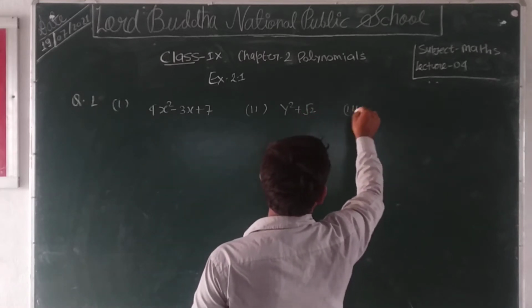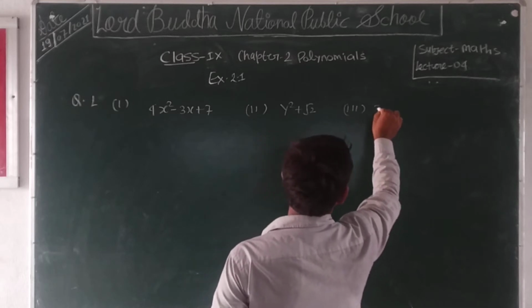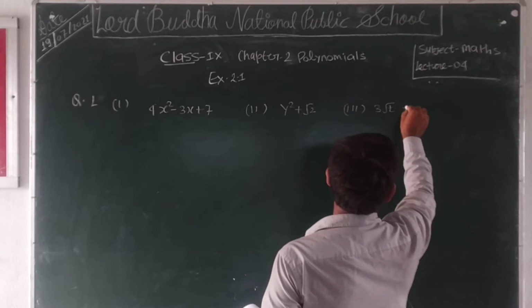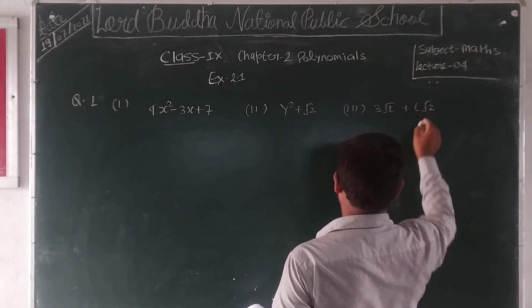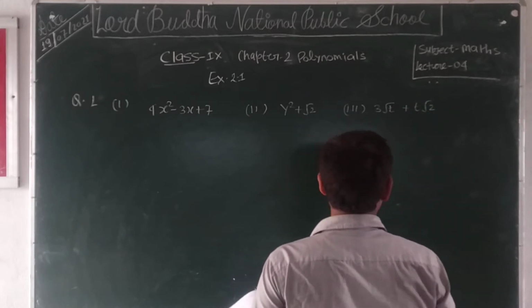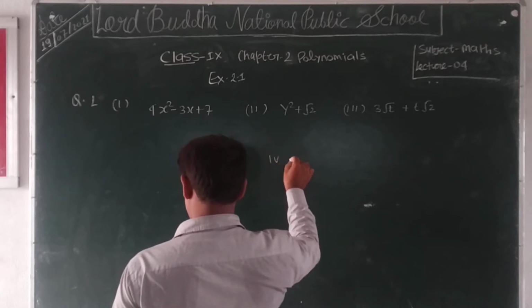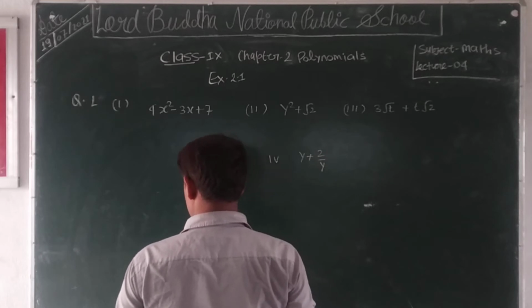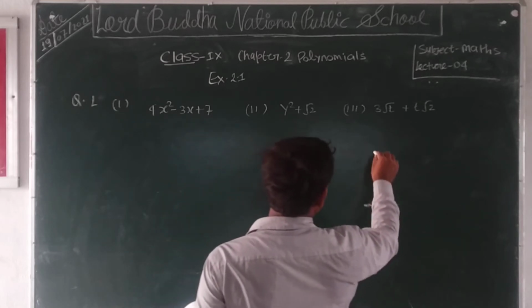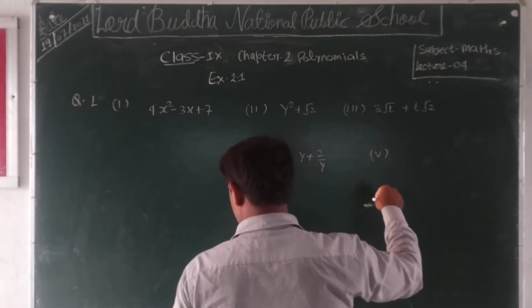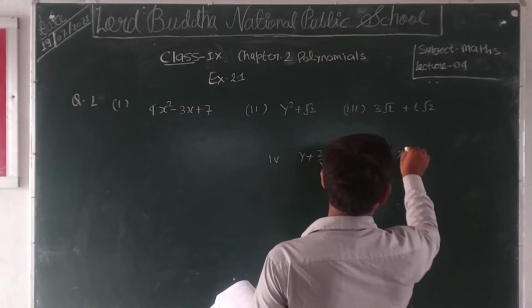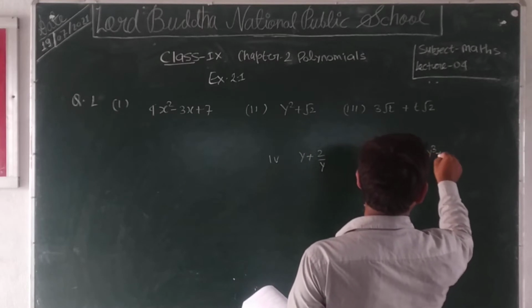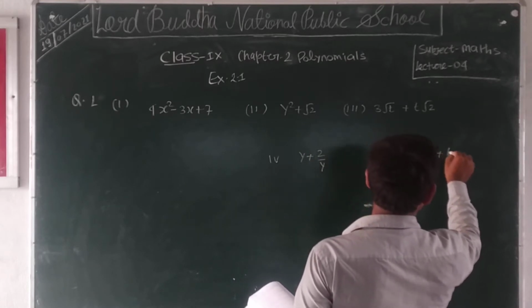Third part is 3 root t plus t root 2. And fourth part is y plus 2 upon y. And the fifth part is x power 10 plus y power 3 plus t power 50.